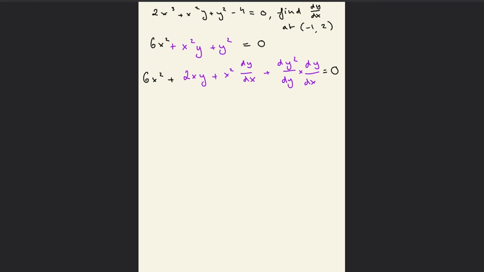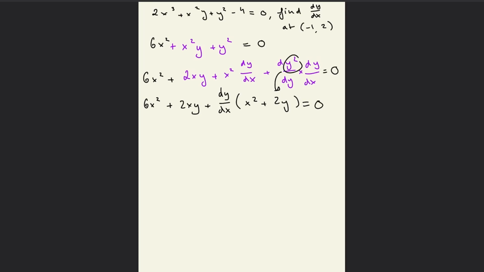Alright, so now we just continue going and rearrange. So we have 6x squared plus 2xy plus dy/dx of x squared plus 2y, because the derivative of y squared is 2y, just because I kind of skipped that step over. I'm just explaining it right now.